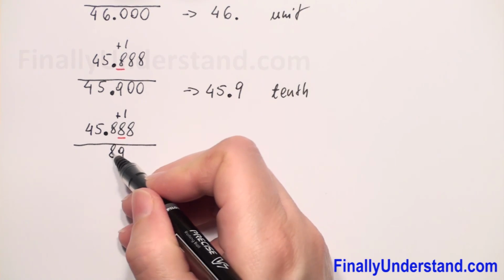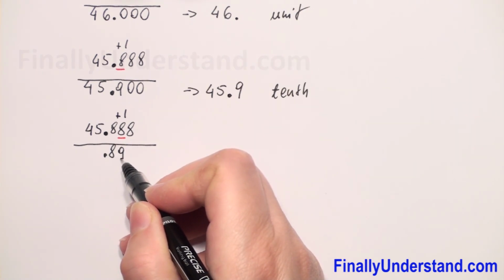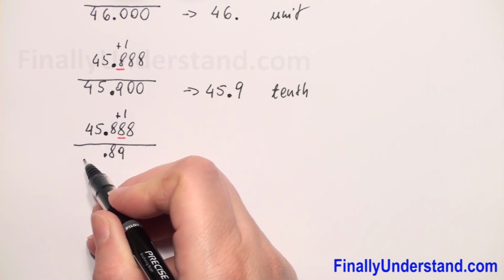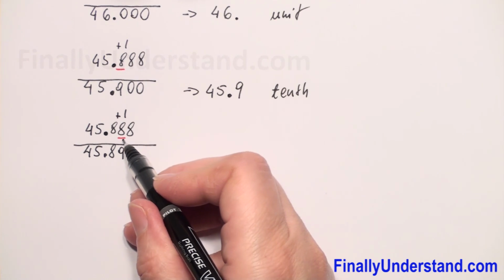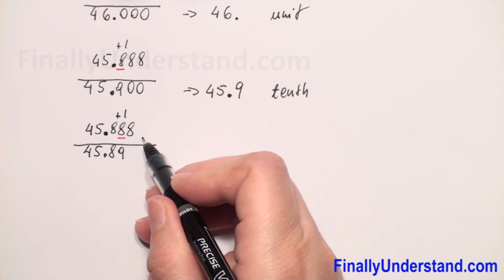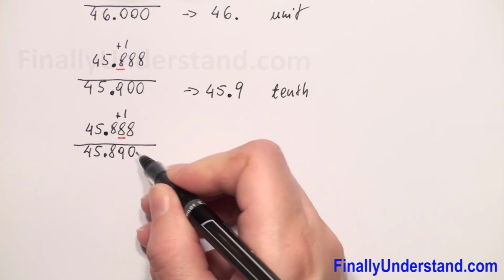And 8 we have to rewrite. Everything from the left of our underlined digit we need to rewrite, and everything after the underlined digit now will be 0. So we have 0.